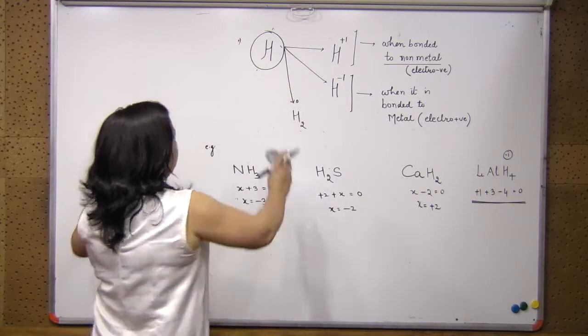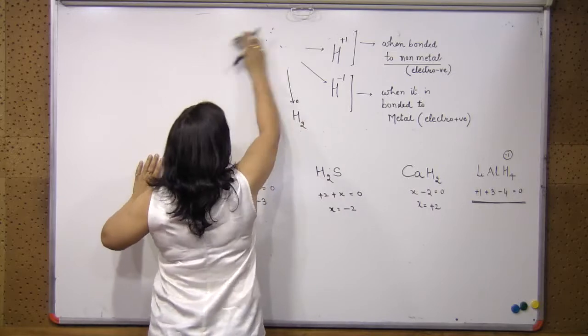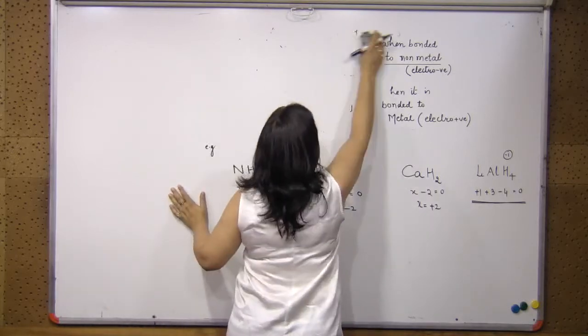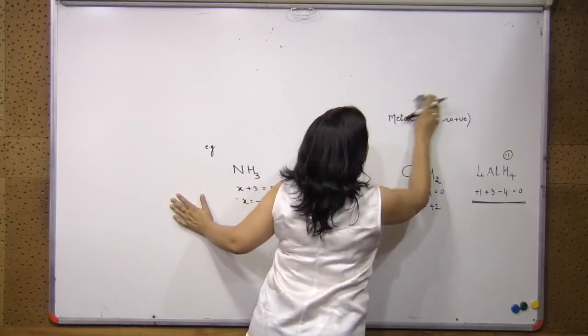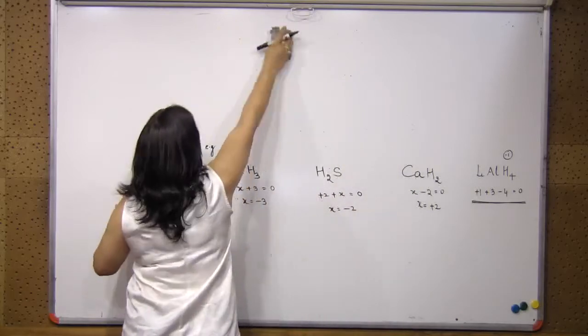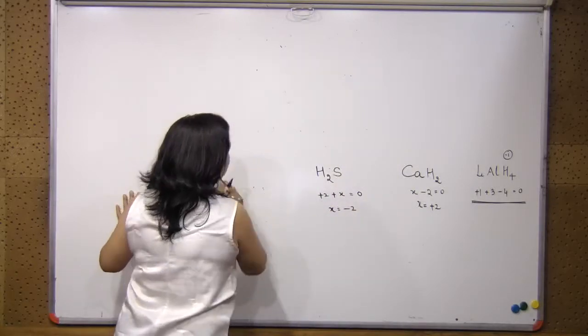Now next rule. After hydrogen, the next important element in oxidation number is oxygen.